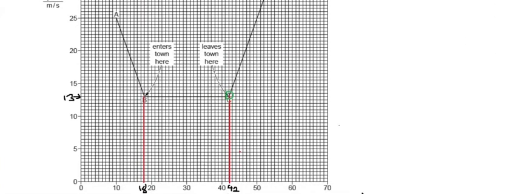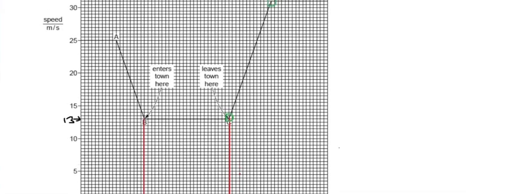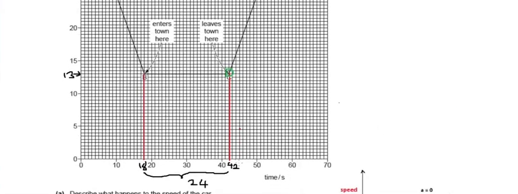So here you can see this will be our initial velocity. Initial velocity will be here 13 only. The initial velocity is 13, and the final velocity at point D is about 31. So the final velocity is 31, initial velocity is 13.